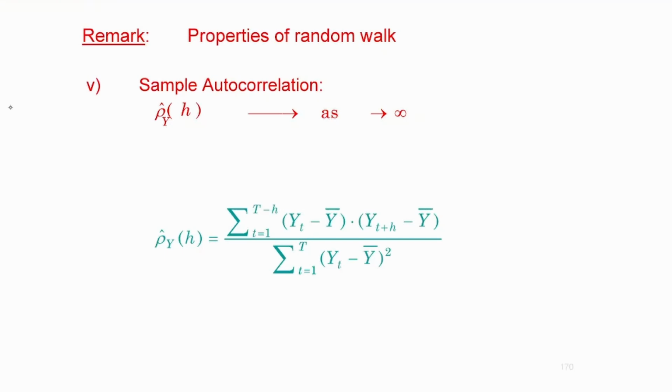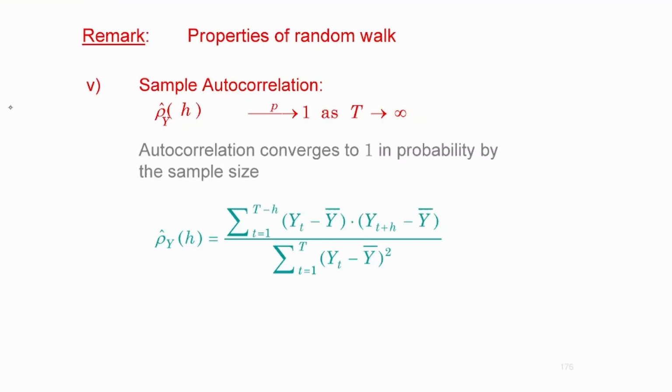And as you might be guessing, this is converging to 1 in probability as the sample size increases, which generates some problems. Okay, so regarding the regression with non-stationary processes, because that will be also true for regressions like these. Yeah, but as you might see, this is an issue.